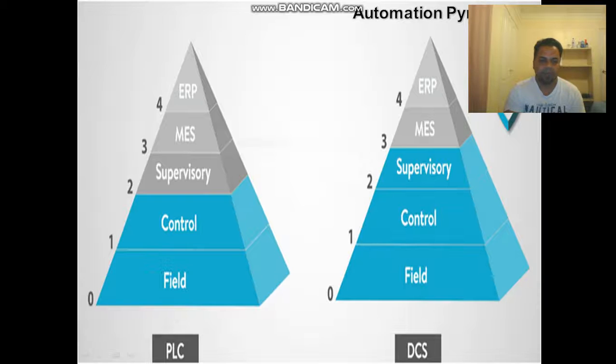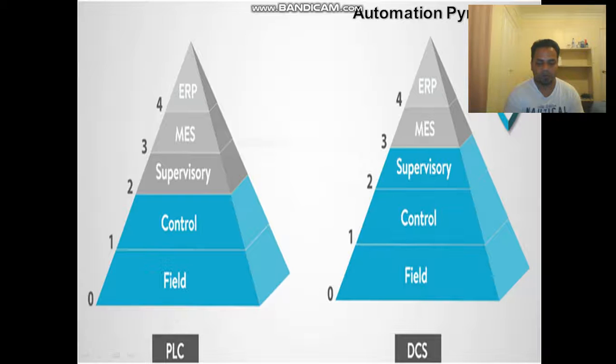There are five levels, 0 to 4: field, control, supervisory, MES, and ERP. Field comes with the field devices like actuators, sensors, and so on. The second one is control, which comes with the PLCs and embedded systems, but the majority are PLCs, not embedded systems.